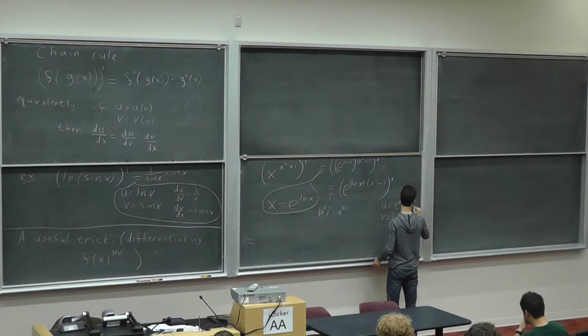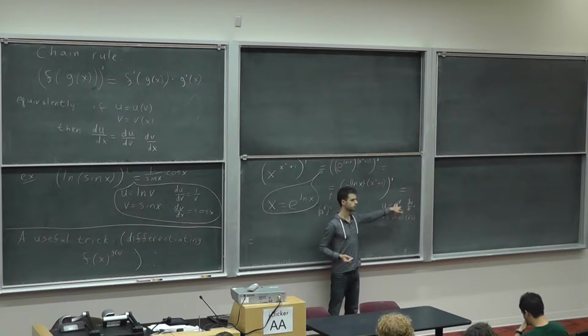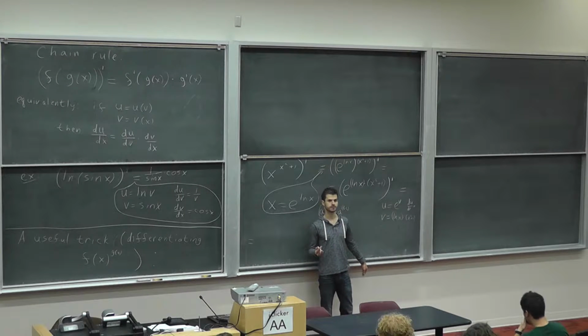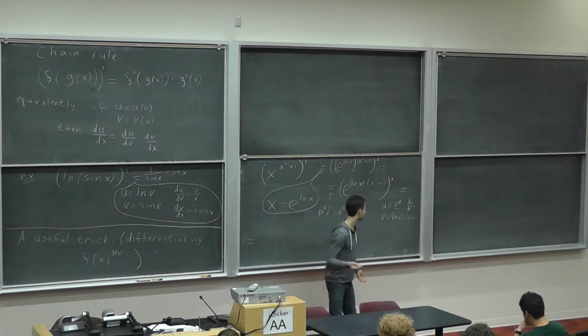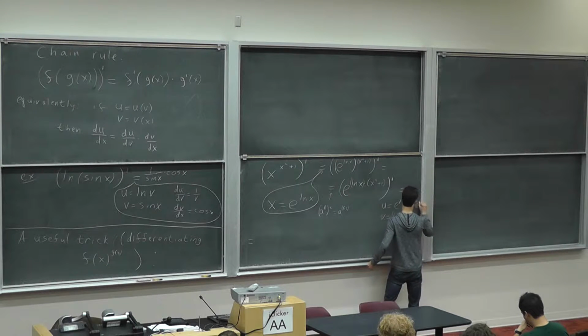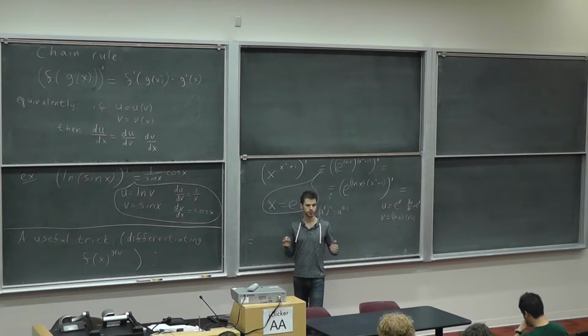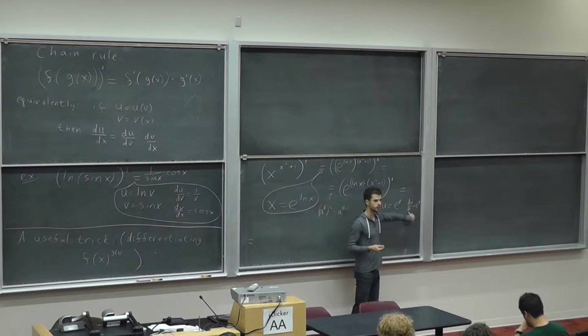To apply the chain rule, let's see what's the derivative of e to the power v. E to the power v, yes. Thanks. So you know that the derivative of e to the power x is e to the power x; the derivative of e to the power v with respect to v means we just think about v as the parameter, and it is e to the power v.